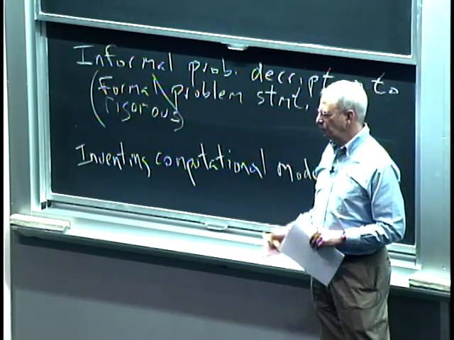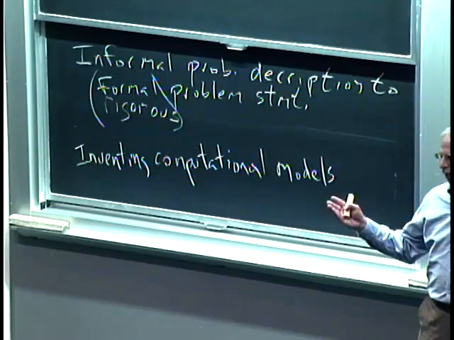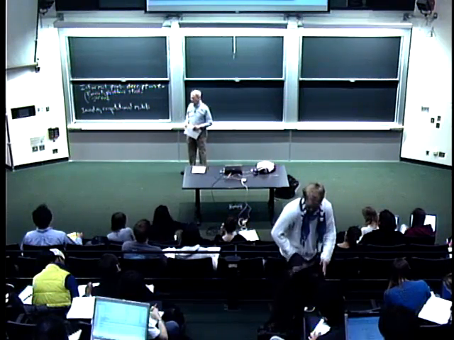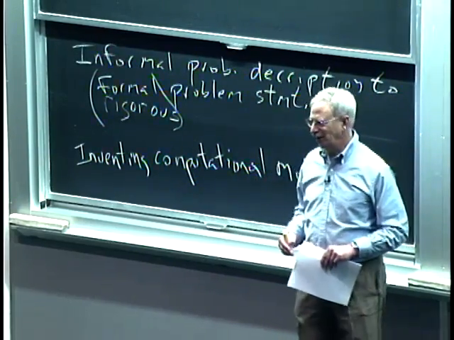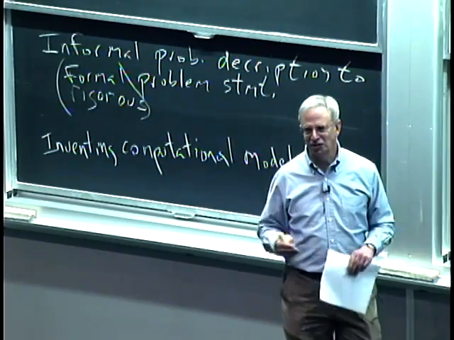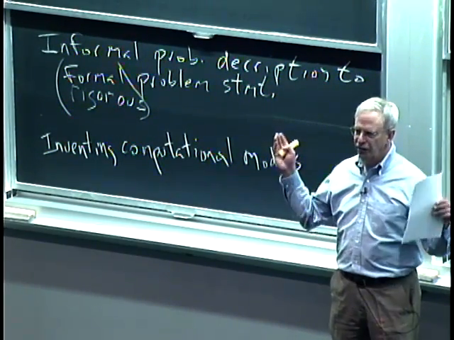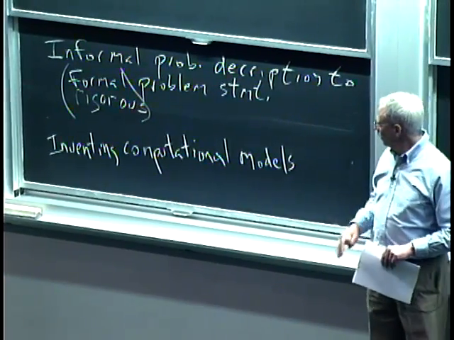If we're writing a program to figure out how to keep a bridge from falling down, we're modeling the physics of bridges and wind and things like that. If we're writing a program to try and help us decide what stocks to buy or sell, we're trying to model the stock market in some sense. If we're trying to figure out who's going to win the Super Bowl, we're modeling football teams.